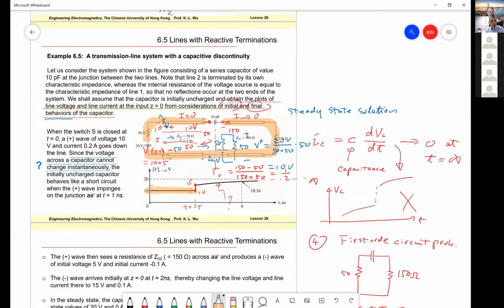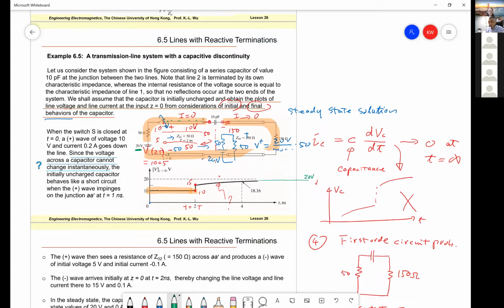So the voltage everywhere between these two equals 20 volt. That means the asymptote of this curve is 20 volts.